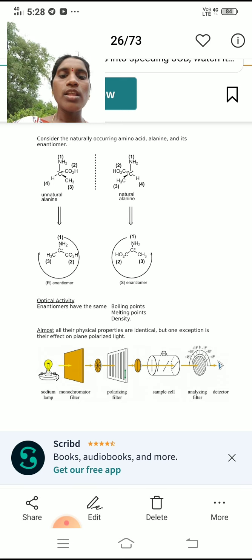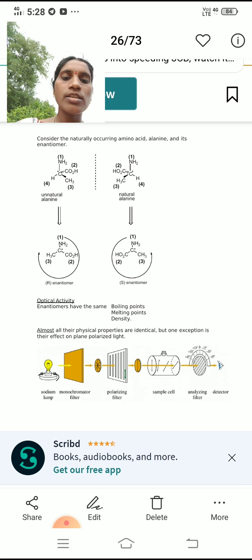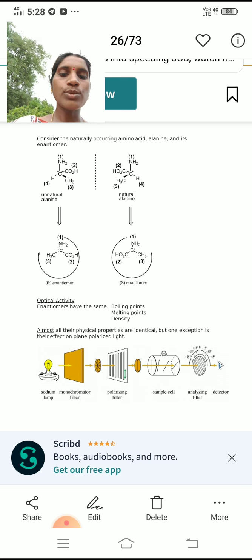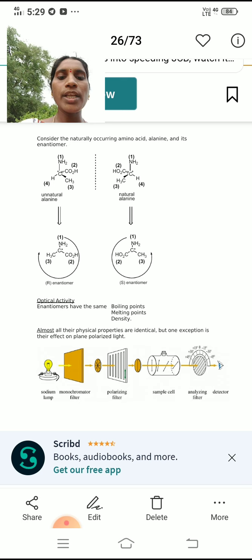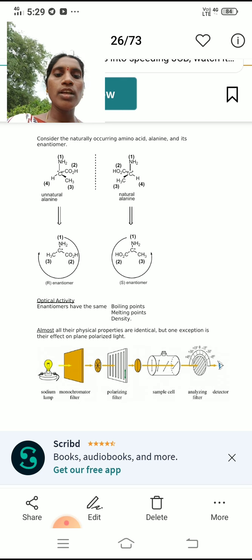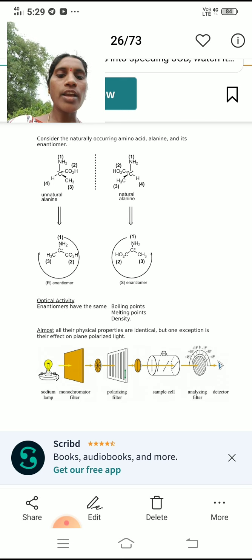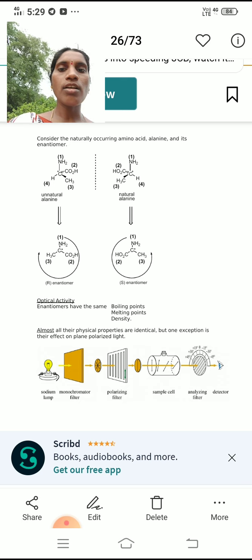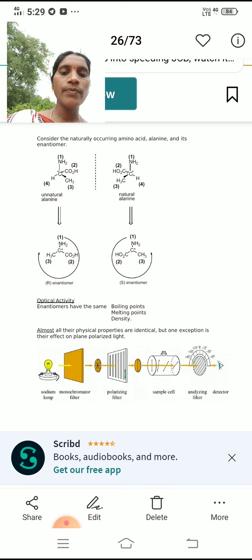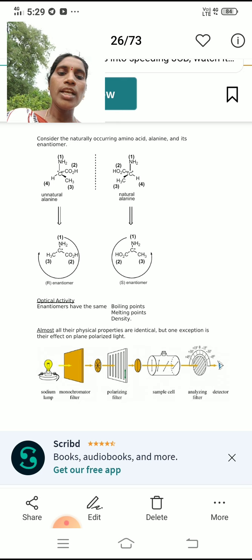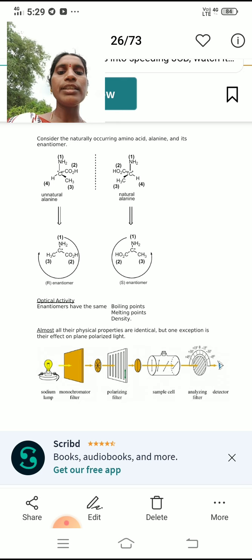After the sample cell it passes through the analyzing filter, and the rotation, either right or left, is denoted by the detector.